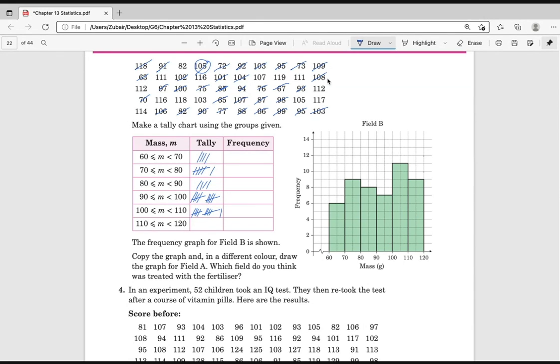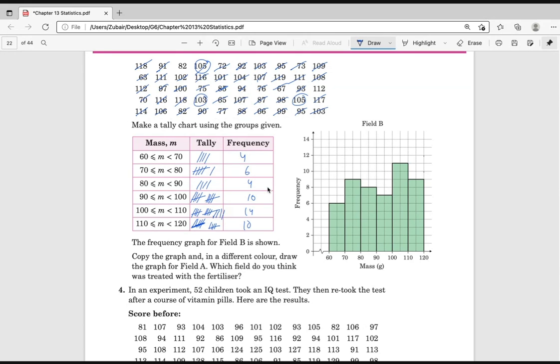So 1, 2, 3, another missed. 4, 5, 6, 7, 8, another missed. 9, 10. So this is 4, 6, 4, 10, 14, and 10.